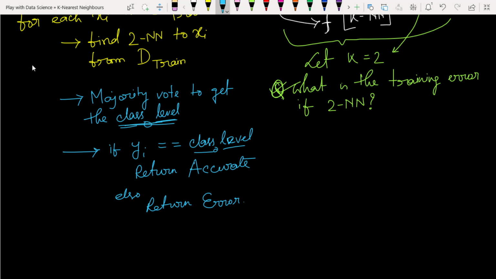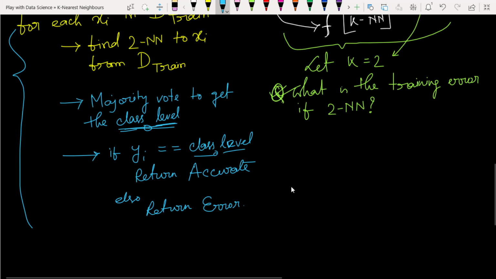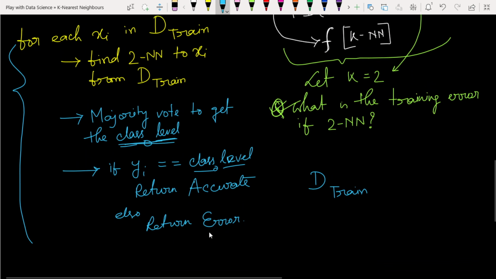I think you have understood this. It is so simple. Instead of cross validation data, here we are using the training data. This is the training error.